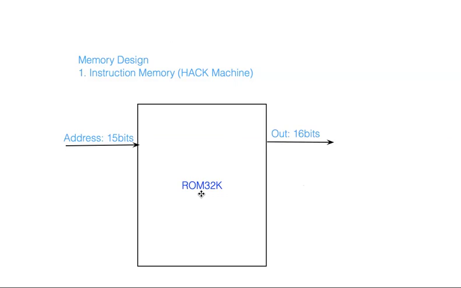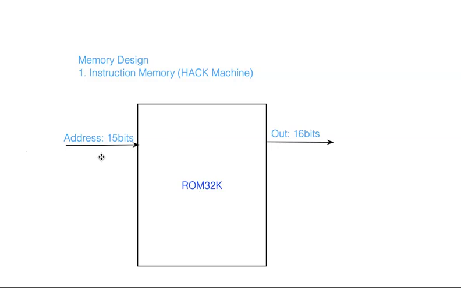We only write at the first, and then we don't rewrite the instructions. We don't generate instructions when you run your code. So the RAM only has the address to fetch the instruction. The address is 15 bits.